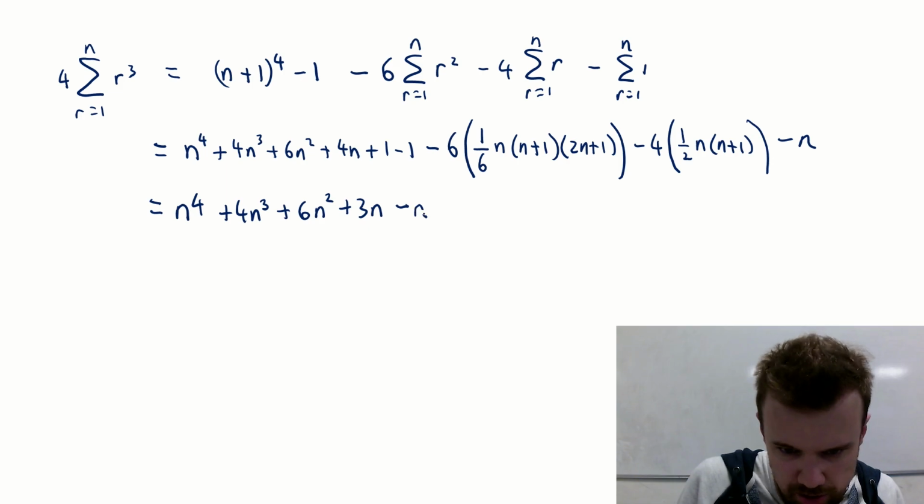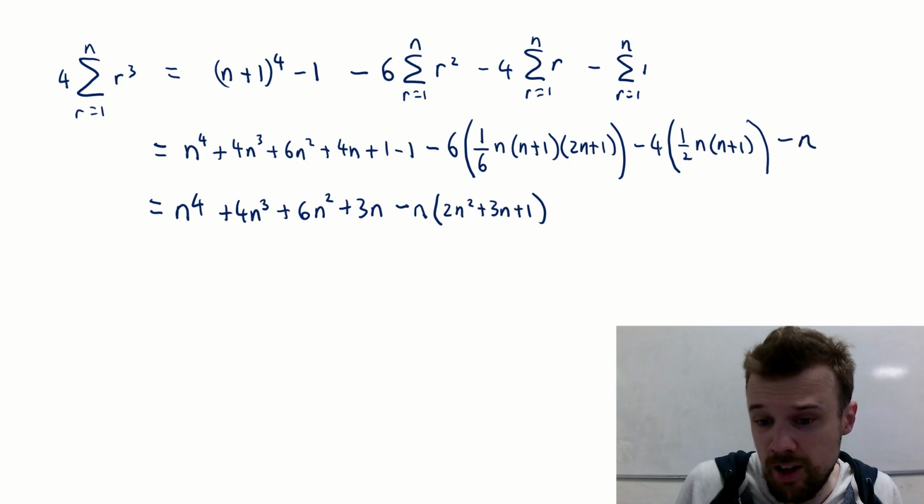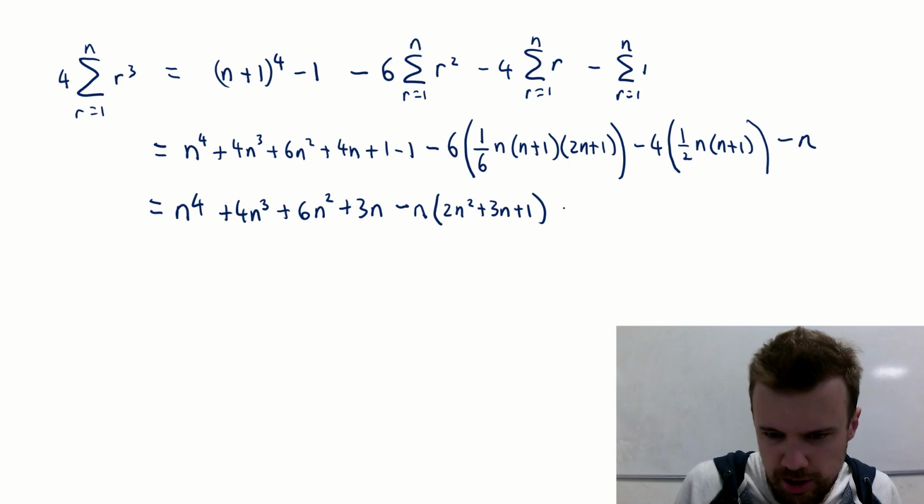And then I could start multiplying the n and the n plus 1 and 2n plus 1, which would get me 2n squared plus 3n plus 1. And then the 4 and the minus a half, or minus 4.5, will become minus 2, and then we'll have an n squared plus n in there.